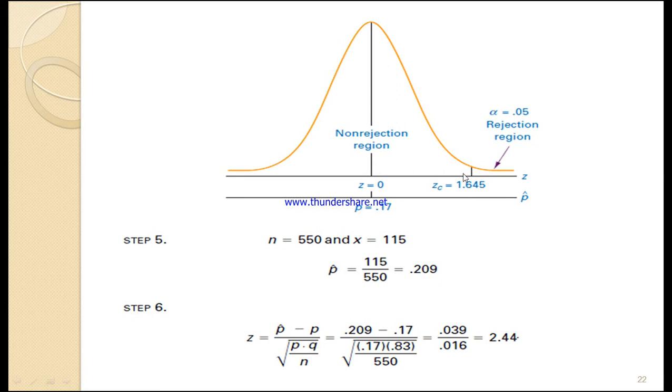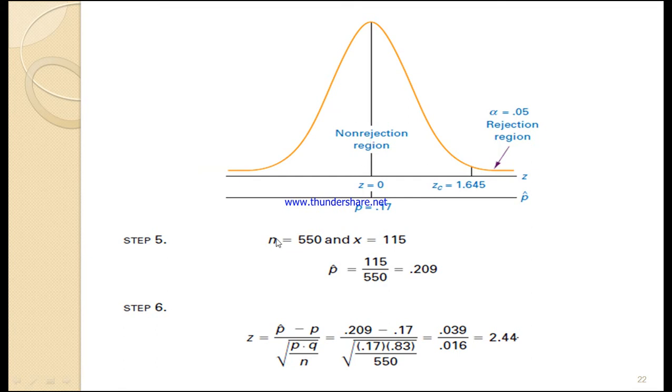If we find the observed Z value greater than 1.645, we are going to reject the null hypothesis. Therefore, this region is the rejection region. But if the observed Z value is less than 1.645, we are going to accept the null hypothesis. Therefore, this region is the non-rejection region. We will not reject the null hypothesis. This is how we can show our problem in a diagram.